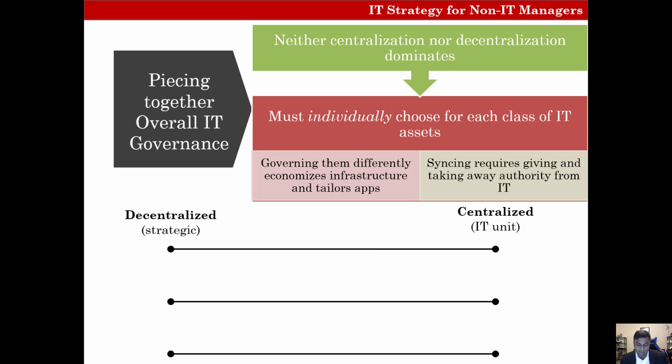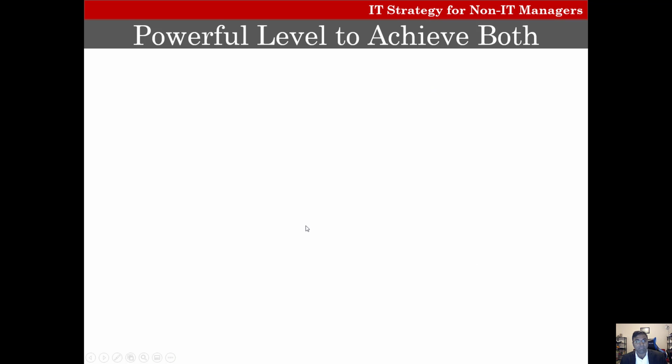So here we have decentralized versus centralized, and we felt IT infrastructure is more likely to be centralized, and the application and data are more likely to be decentralized. IT governance is a powerful lever for making IT both economical and synchronized because architecture takes you only part of the way to synchronizing IT. You must match it with IT governance to take it the rest of the way.